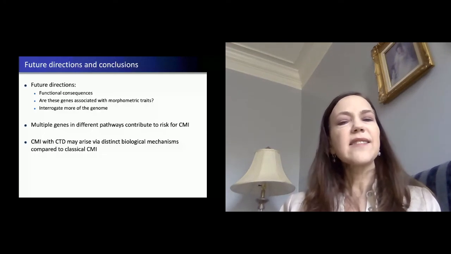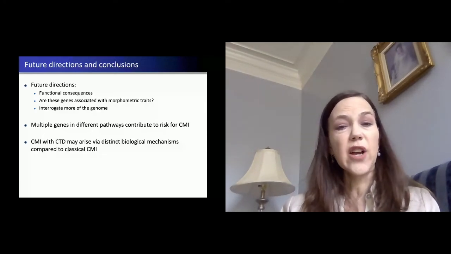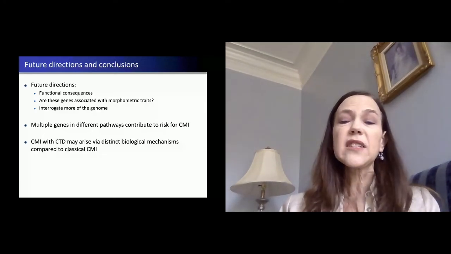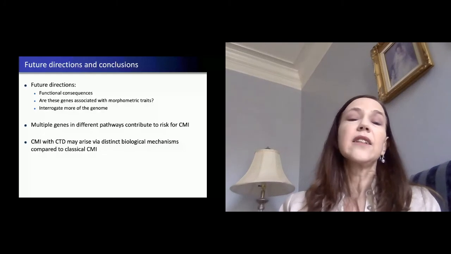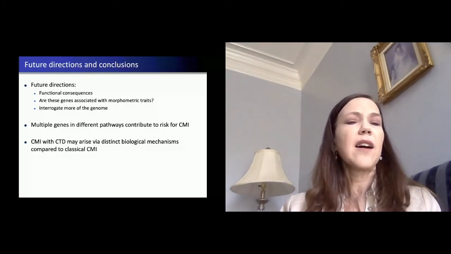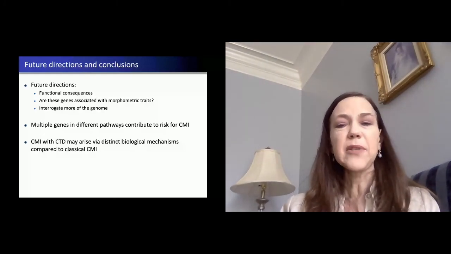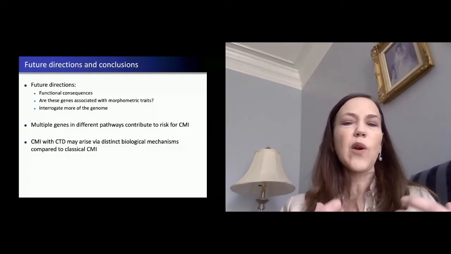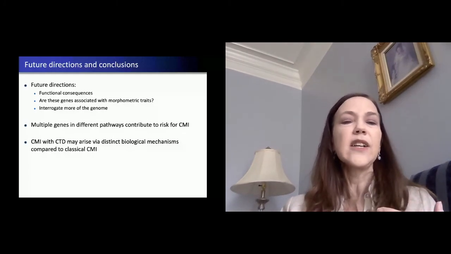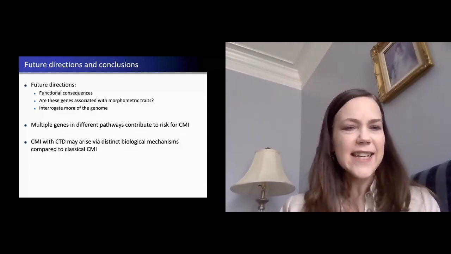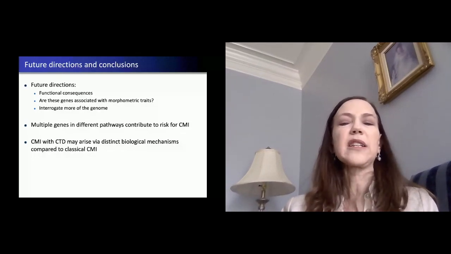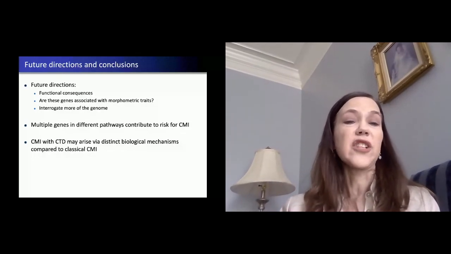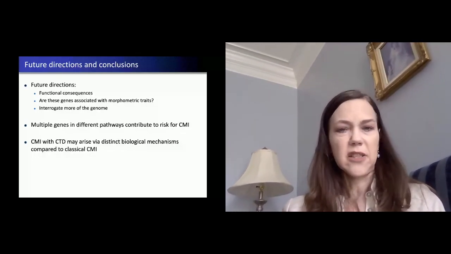And just as some of our previous work has shown, we do still believe that the presence or absence of these CTD symptoms is directly associated with the underlying genetic mechanisms and ultimately the biologic mechanisms.